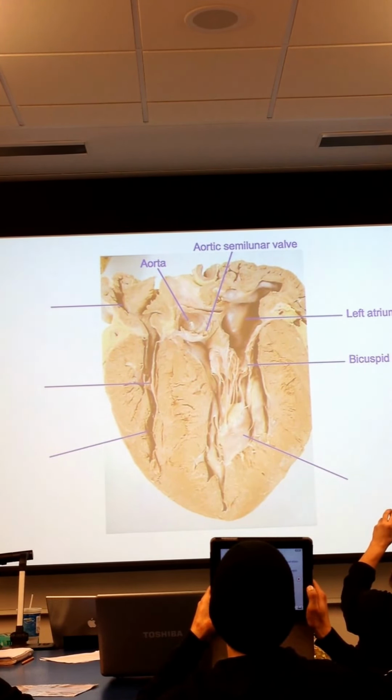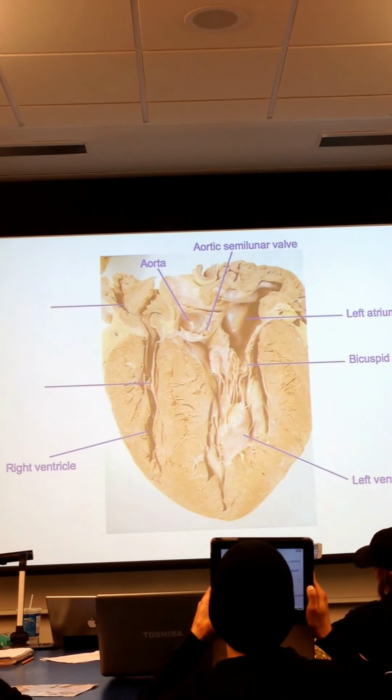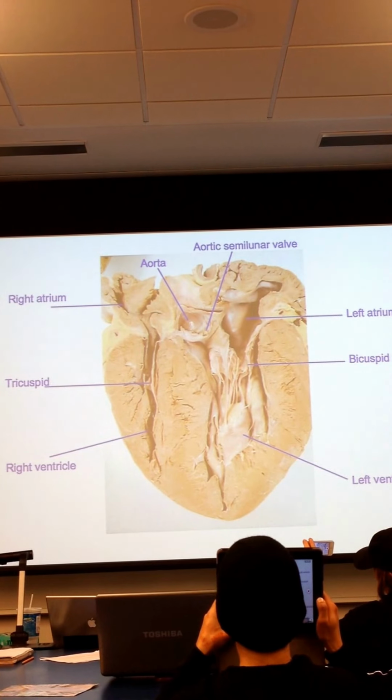The left side has the bicuspid valve. And we already talked about this. What was this? Left ventricle. Good. So now we're going to come over here. What is this guy in here? Right ventricle. Good. What's this? Tricuspid. And the right atrium.